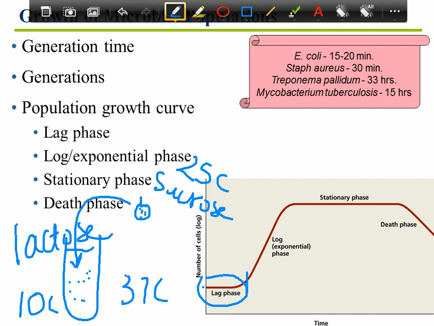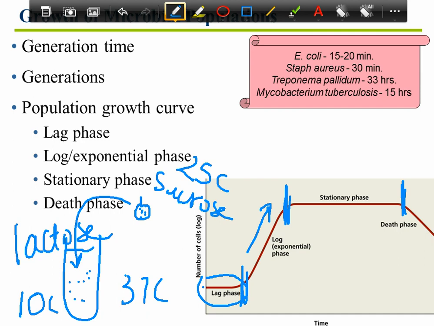Then everything now is perfect at this point in time from here to here. Temperature optimal. It's got all the enzymes needed to break down the nutrient. pH is being buffered. Everything is optimal for growth, and this is where you get the doubling. And this is when you can calculate generation time. But now things are not so good when we get up here to the stationary phase, because now the pH is beginning to change and become more acidic, which is not good for the cells.